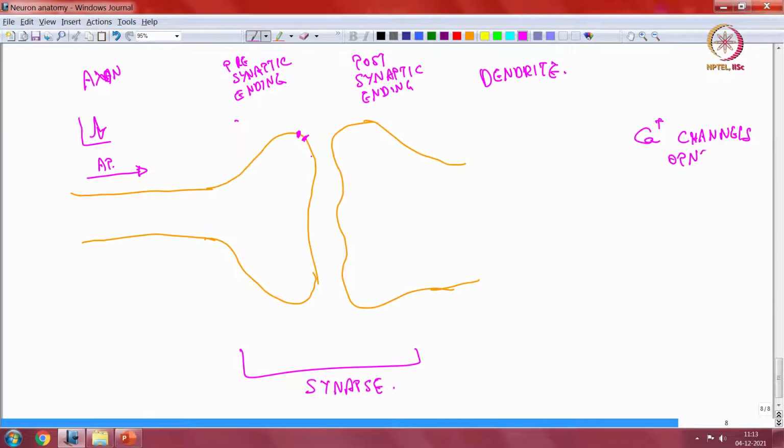Calcium channels open, and these calcium channels actually produce, there are these things called synaptic vesicles. So, synaptic vesicles are packets, quantized packets of information, quanta. So, there is a quanta containing specific chemicals.